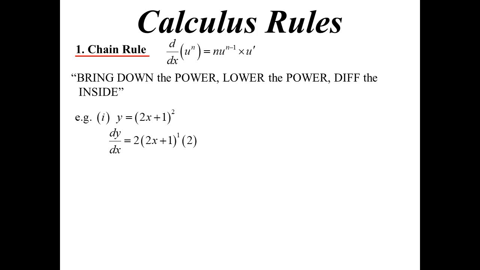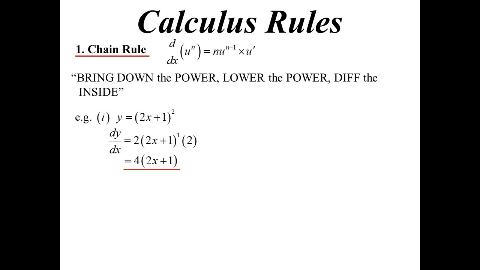Diff the inside, we need to bring the derivative out. So whatever's inside those parentheses, that's what I differentiate. So I differentiate 2x plus 1. Obviously that's 2, and we end up with 4 outside of 2x plus 1. Which is the same answer that we got before. Before we wrote it as, I think it was 8x plus 4, it wasn't factorised. But we still get the same answer.